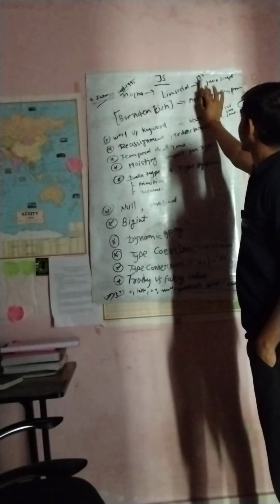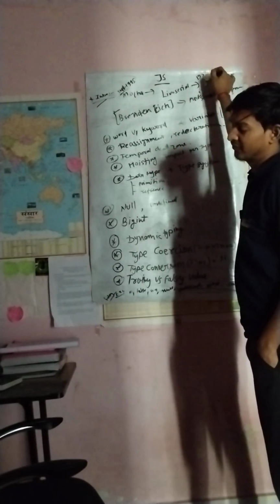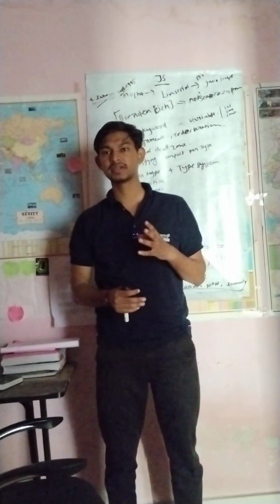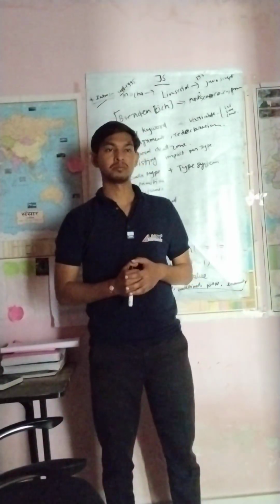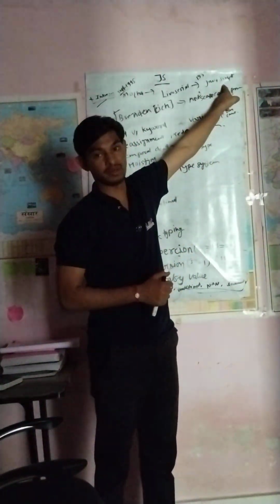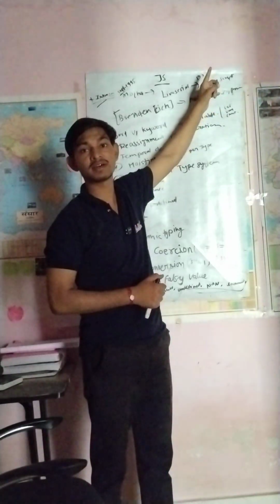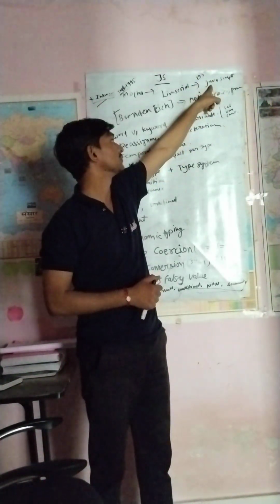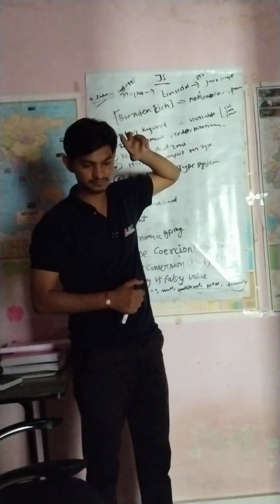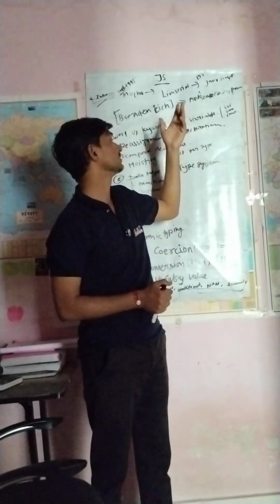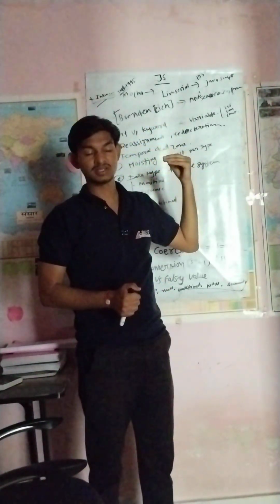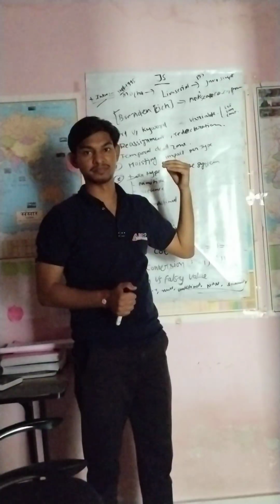Then in 1997, with the agreement of Sun Microsystems, and basically Sun Microsystems is the company which created the Java programming language, because it is JavaScript, I mean it takes the name of Java, that's why it made some kind of contract or agreement with the company Sun Microsystems.